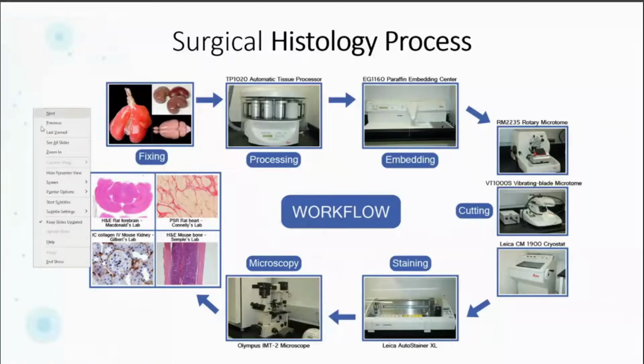I think I'm actually going to get my pointer going. Let's do a laser pointer. So processing, then embedding of that tissue. Once it comes out of the embedder, it's sliced into very thin layers of tissue, 2 to 3 microns in depth, typically.